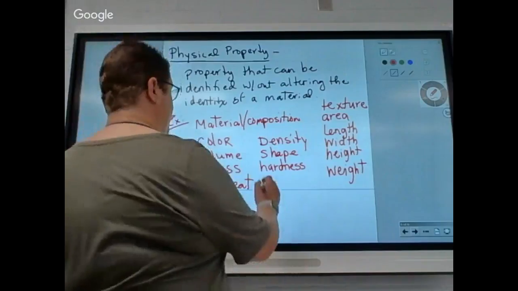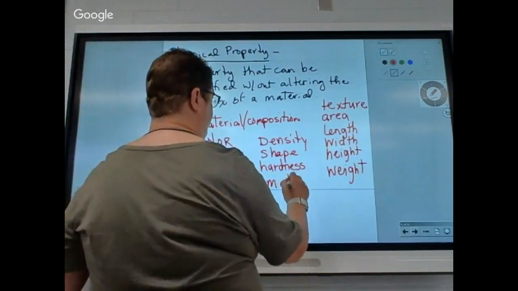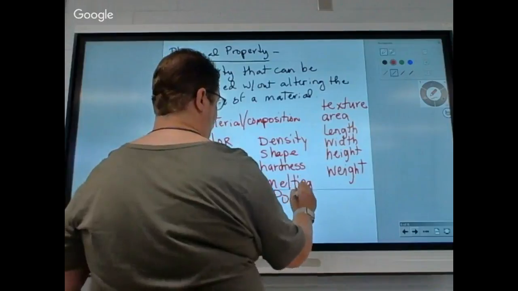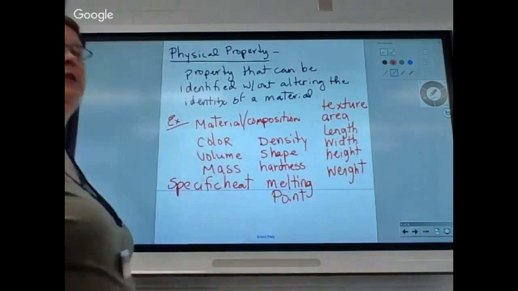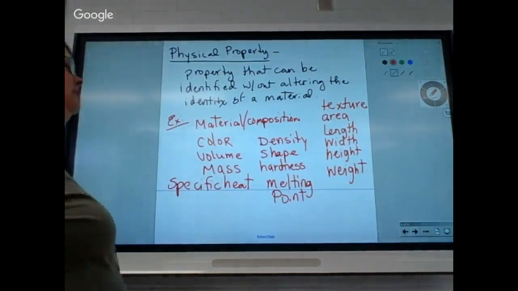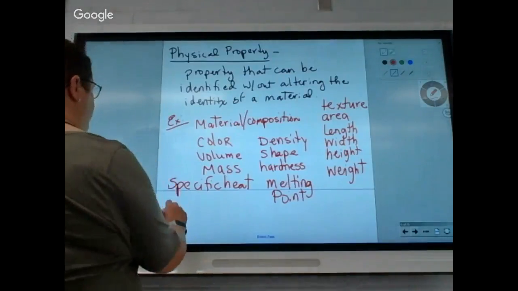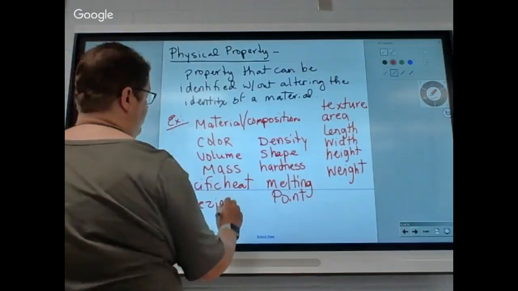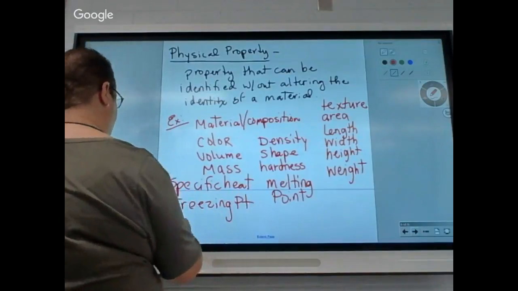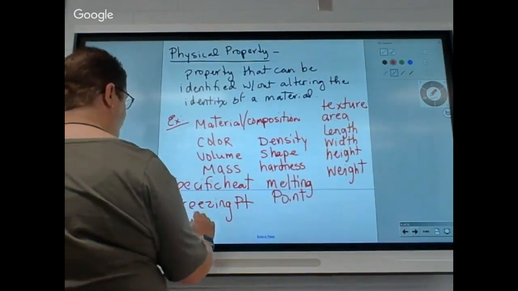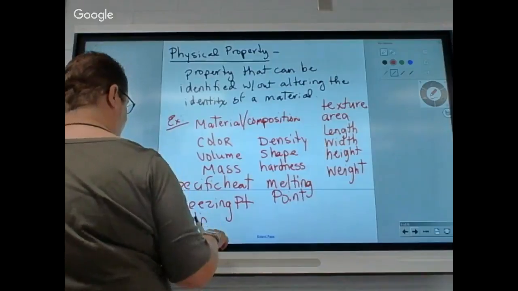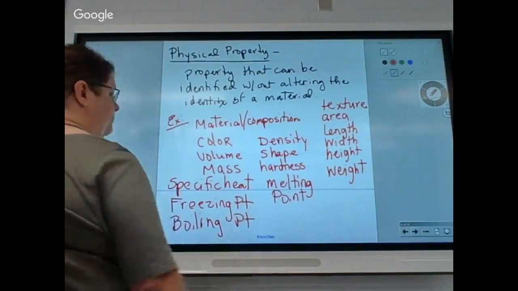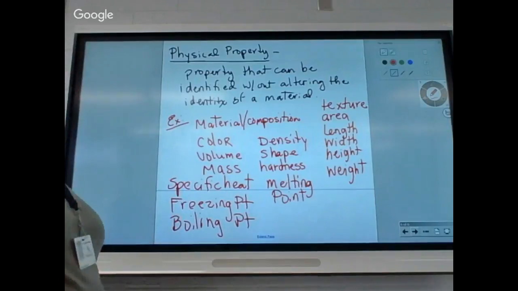Standard temperature. Melting point. Okay. There's another one that's opposite of that if you remember it. Freezing point. And there's one that's similar to that, but it's not an opposite. All right, that's good enough for the time being. Okay, all of those are physical properties.